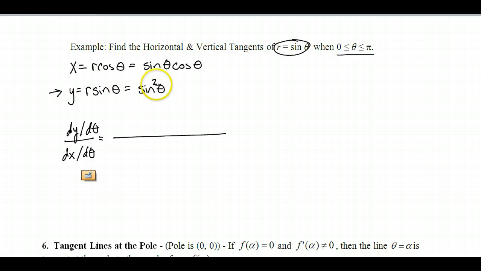So I have sine squared of theta. That means I'd have to use the power rule first, which would be 2 sine of theta to the power of 1, and then the chain rule times the derivative of the inside function, so the derivative of sine is cosine. So that's the derivative of y. And then in our denominator, the derivative of x. Okay, well, it's just our basic product rule.